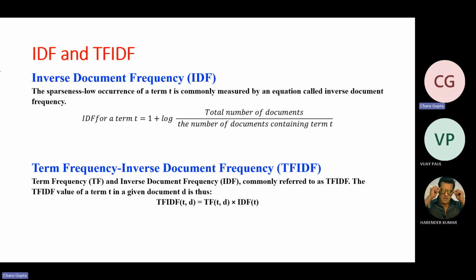Next is inverse document frequency. It defines the sparseness of a term, how rarely a word has been used in the database.